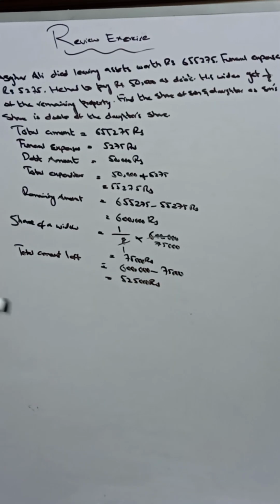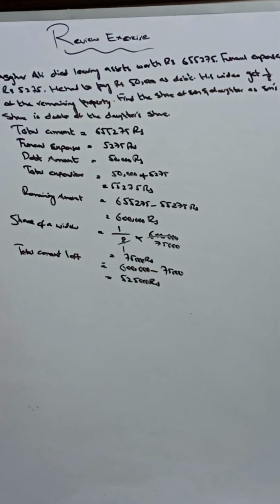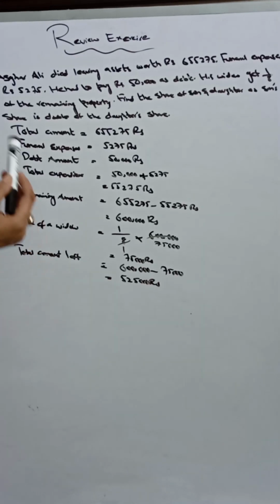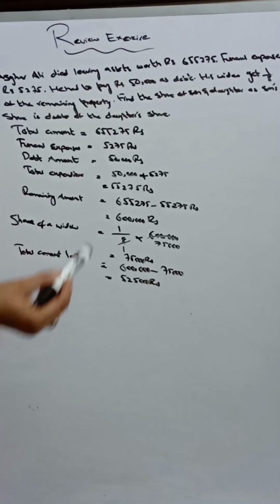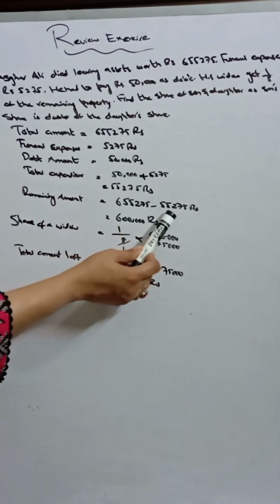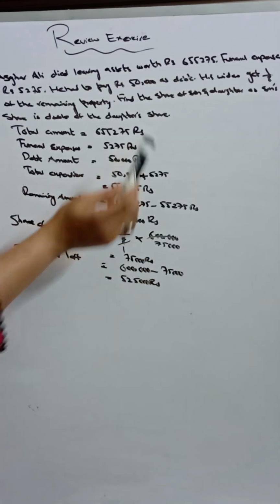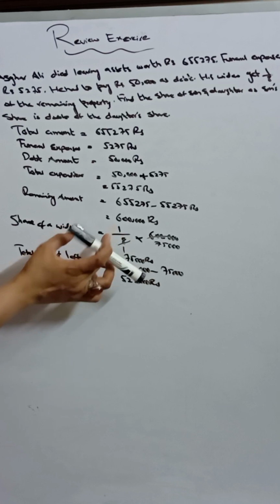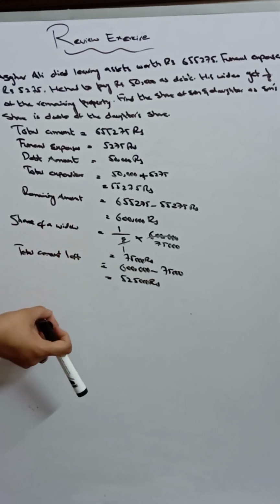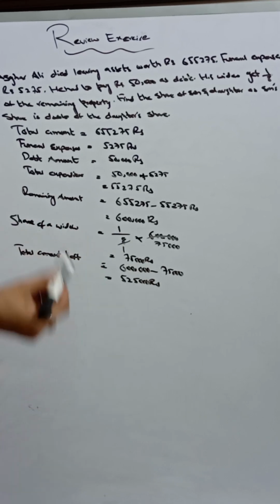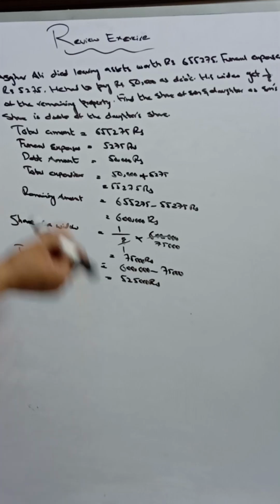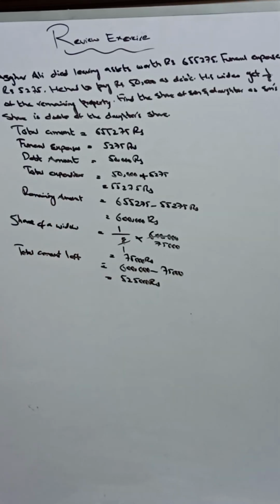Don't be afraid, just watch what I have done. First of all, I subtract the total expenditure from the original amount, either funeral expenses or any debt. I add it first, then subtract it from the original amount. Then from the remaining amount, we get the share of the widow first. And after that, we will get the share of his children, son and daughter.